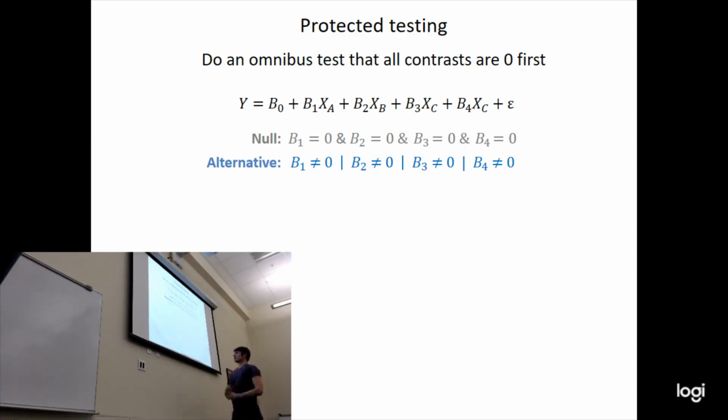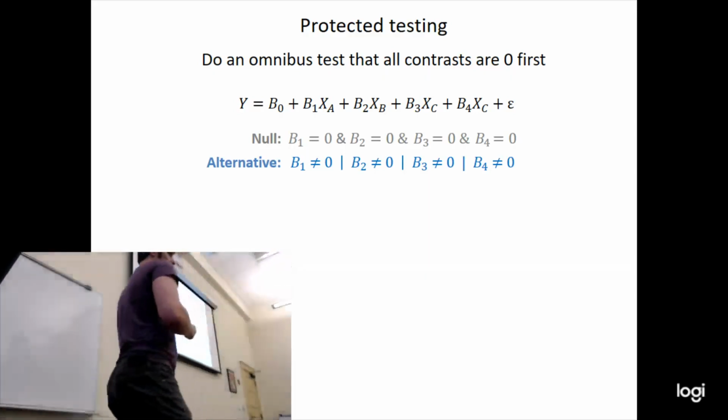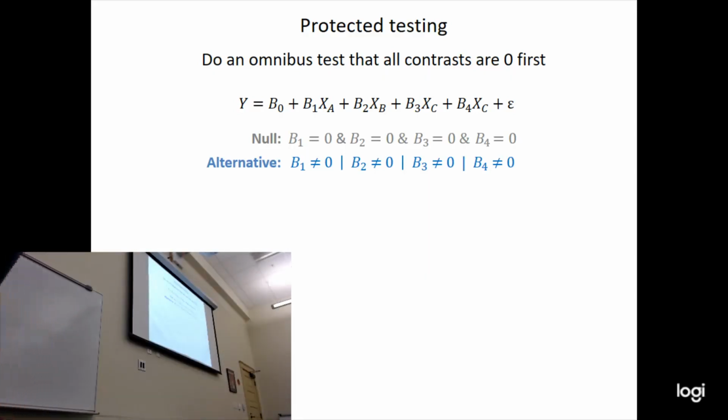What this means is you set as your null model a model in which you fix all of the coefficients for the contrasts to 0. And then in the alternative model, you use everything, so you allow the coefficients to not be 0. To do that omnibus test, you just compare the sum of squared errors in the null and alternative models, the compact and the augmented models.